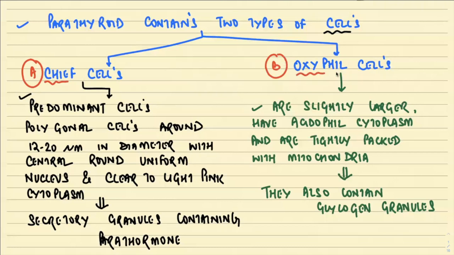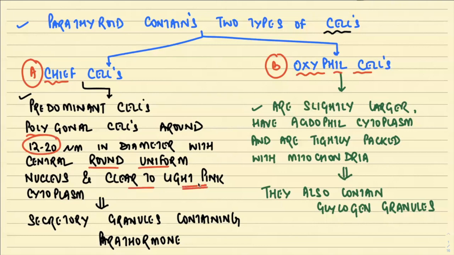I will show you with the help of a diagram how they look. Normally the chief cells are the predominant cells of the parathyroid. They are polygonal cells around 12 to 20 micrometers in diameter with a central round and uniform nucleus with very clear to light pink cytoplasm.